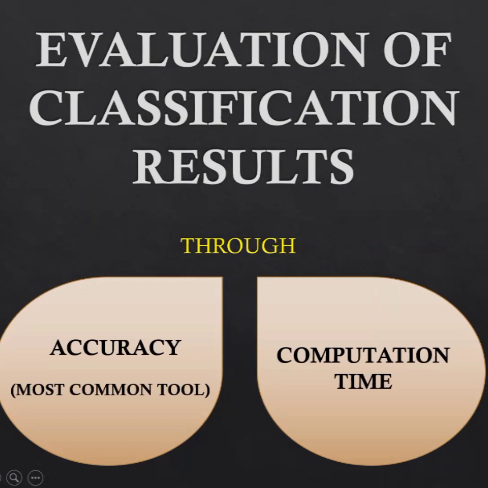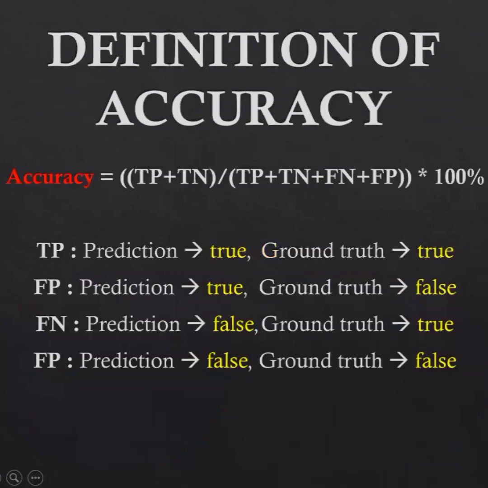Accuracy is defined as follows, where TP is when the prediction is true, that is tumor, and the ground truth is true as well, then the image has a brain tumor. FP is when the prediction is true, but the ground truth is false, then the image does not have a tumor.